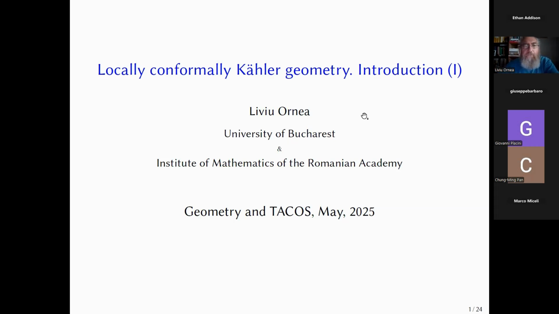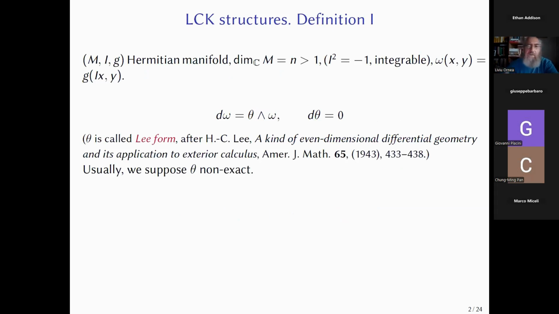Okay, so let's start with the definitions, even if I suppose many of you know them. I shall describe several definitions and try to explain the equivalence between them. The context is complex manifolds, not curves, which are Kähler. We are trying to do this geometry in the absence of Kähler structures, so this is interesting mainly on compact manifolds.